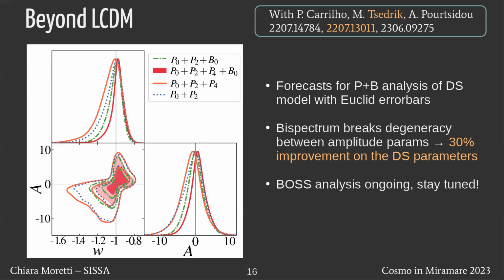Of course, this depends on many things: the redshift you're considering, the volume of your survey, and so on. But in general, the ability of the bispectrum of breaking degeneracies in parameter space can be really important in the case of extended models.